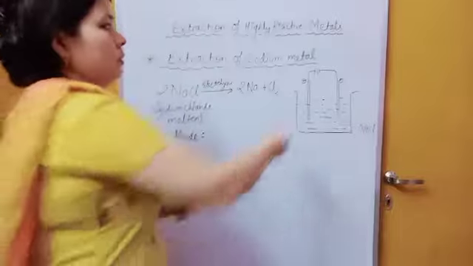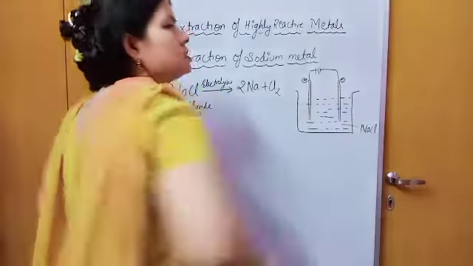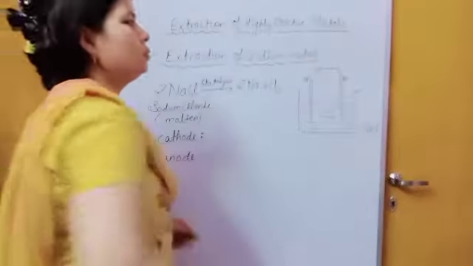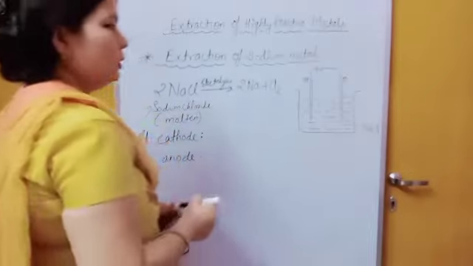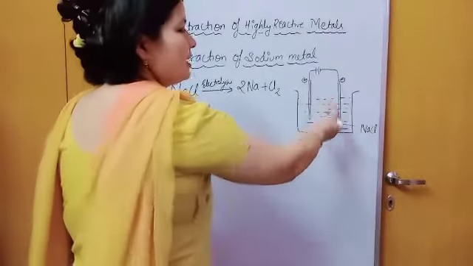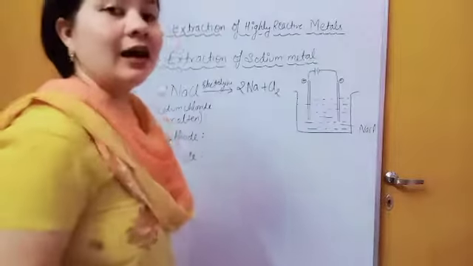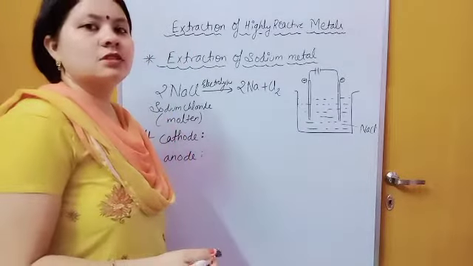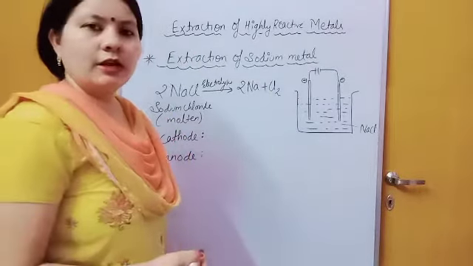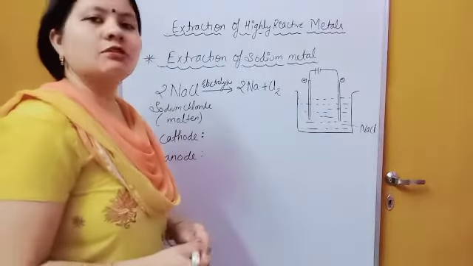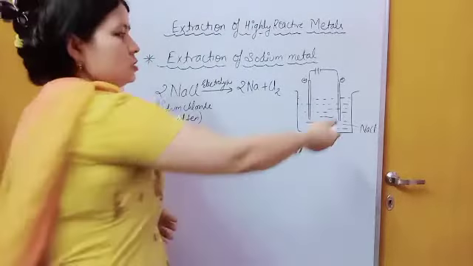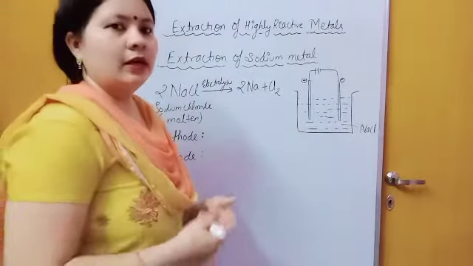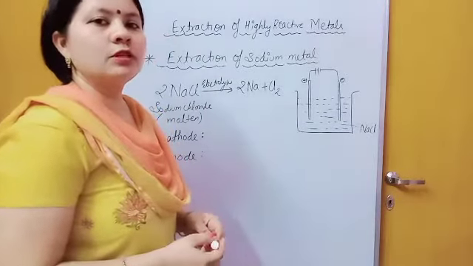Now what happens when we switch on the battery? The ions move towards their opposite electrodes: positive charge moves towards the negative one, and negative moves towards the positive one.